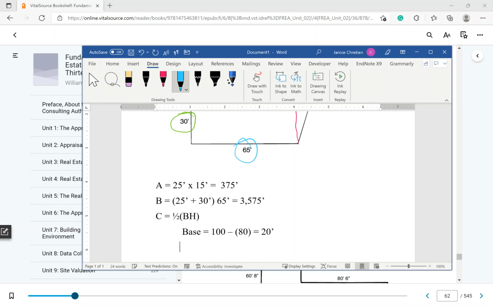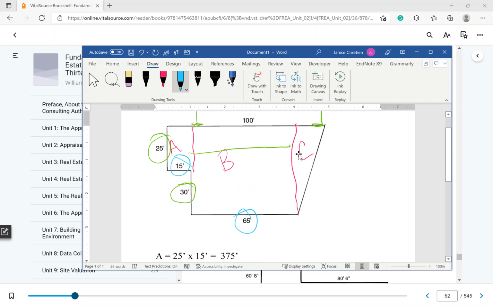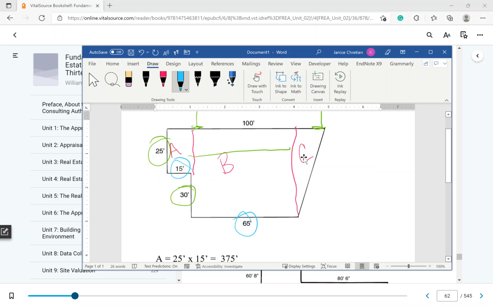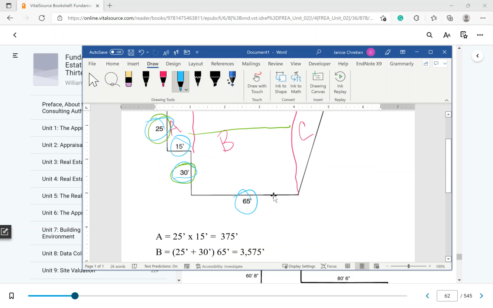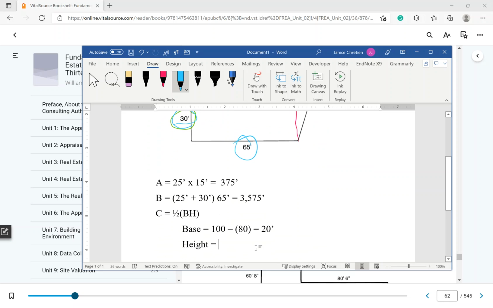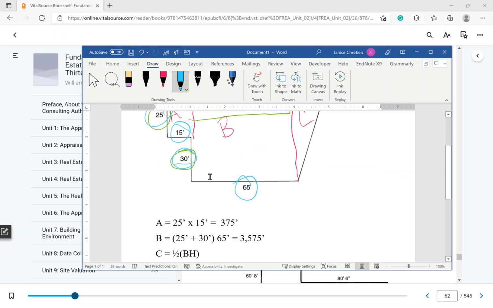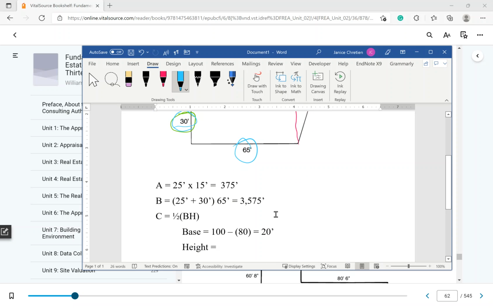And then my height is going to be my 30 and my 25 again. So my height is going to be 55. 25 plus 30.